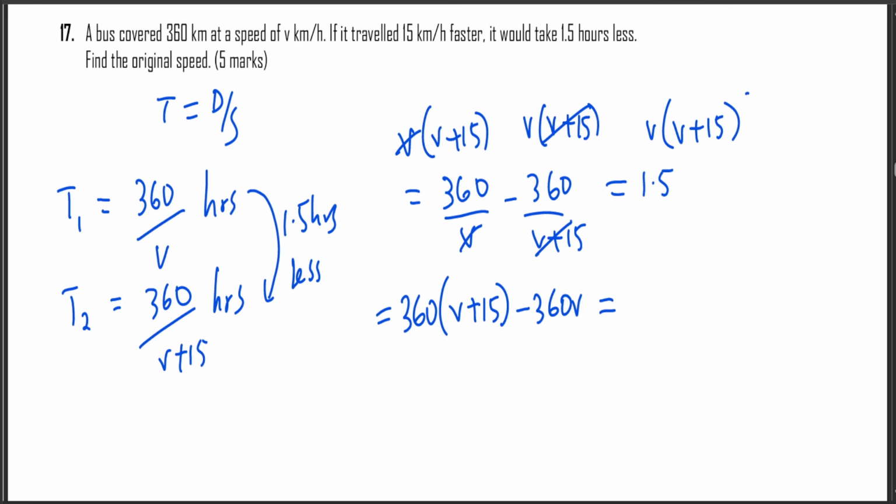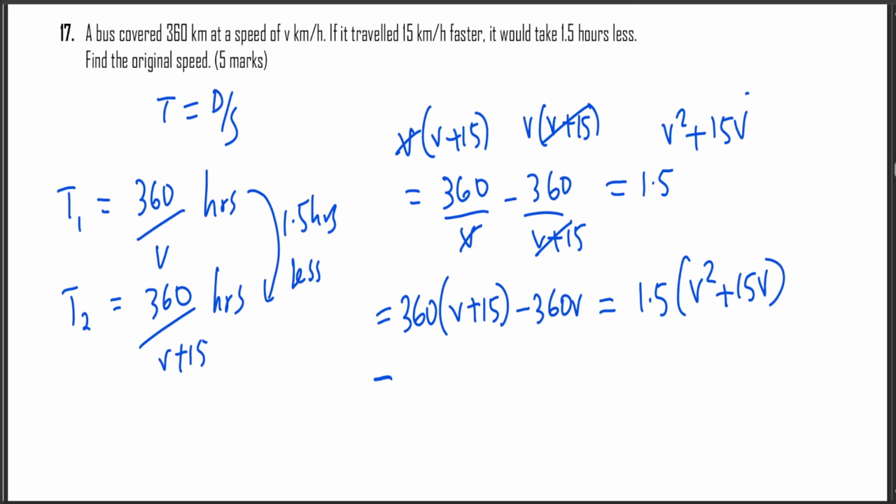This one will not cancel out. It will become 1.5 times v times v plus 15, which is v squared plus 15v, because v times v is v squared and v times 15 is 15v. So 1.5 times v squared plus 15v.